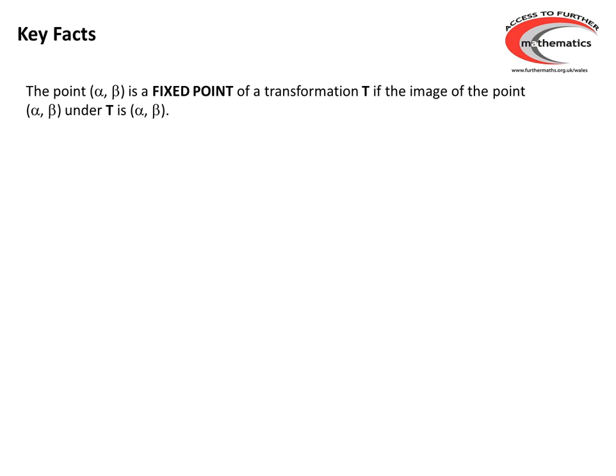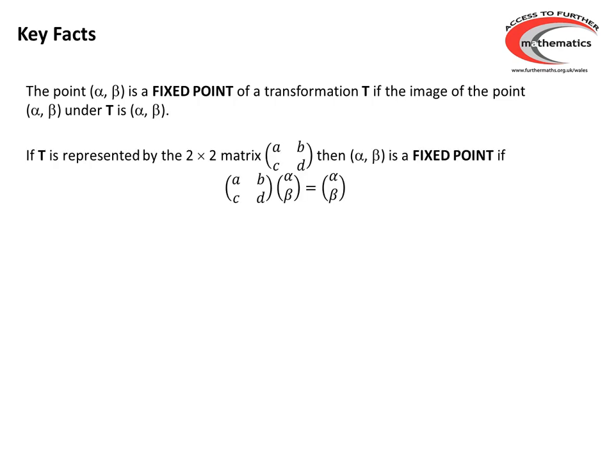For any transformation, the point (alpha, beta) is a fixed point of the transformation if the image of the point (alpha, beta) is (alpha, beta). So if T is represented by a 2 by 2 matrix, then the matrix times (alpha, beta) must equal (alpha, beta).